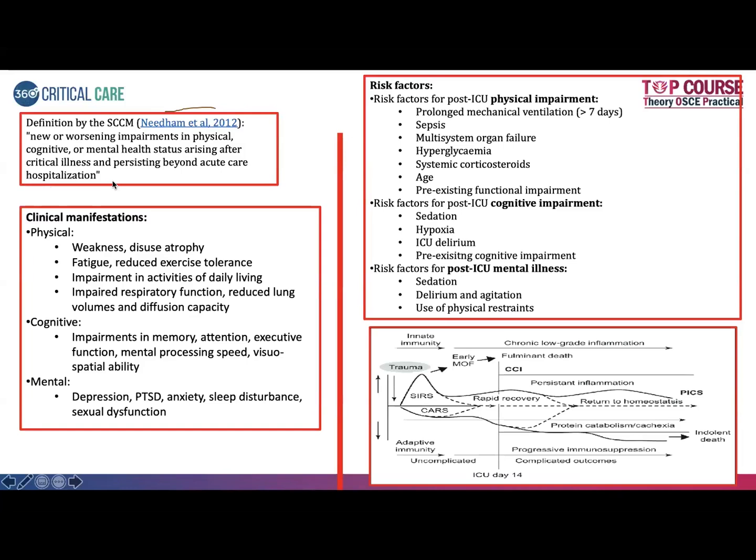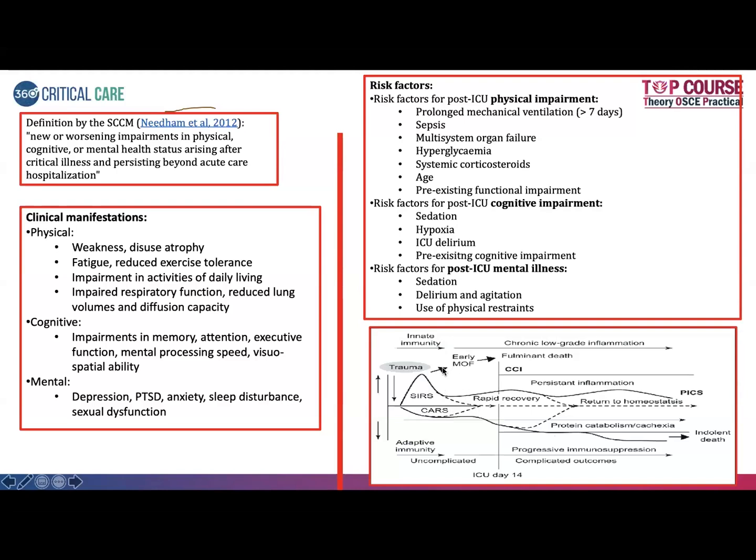acute care hospitalization. Just remember, a patient admitted to our ICU has a SIRS response. Whenever there is a systemic inflammatory response going on, the body tries to compensate. A compensatory anti-inflammatory response sets in, and that is usually very strong and prolonged. When the patient recovers, when the SIRS response comes down, and usually the CARS also comes down, there is a phase of recovery.